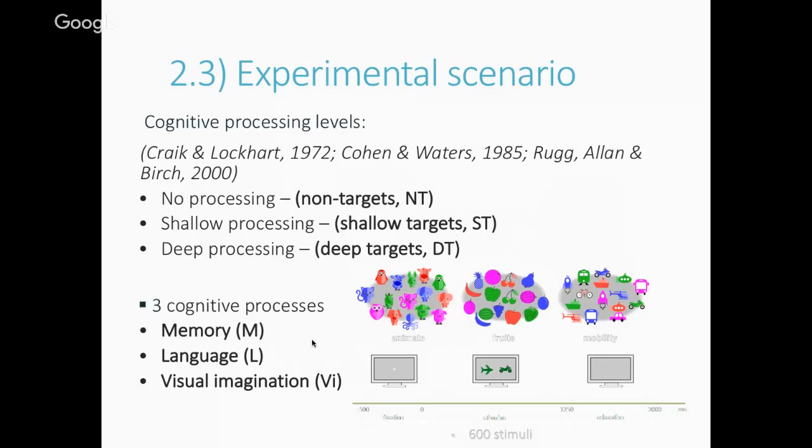First, there are 500 milliseconds of fixation cross, then the stimuli of 1.25 seconds, and then 750 milliseconds of relaxation period. This is repetitive, and in total it gives 600 stimuli for all classes.